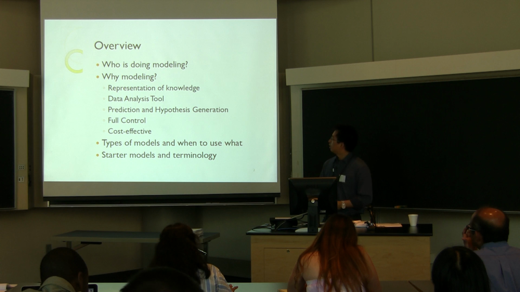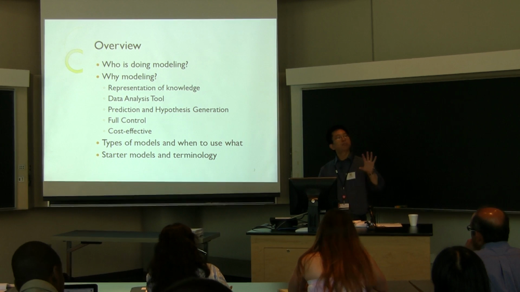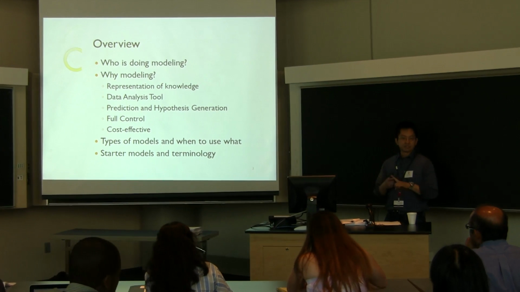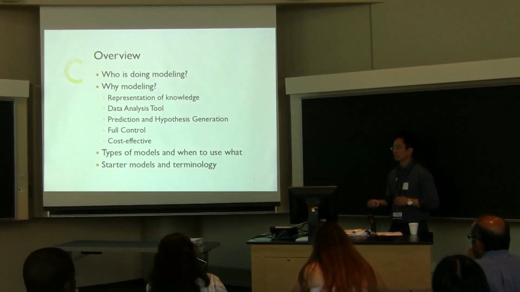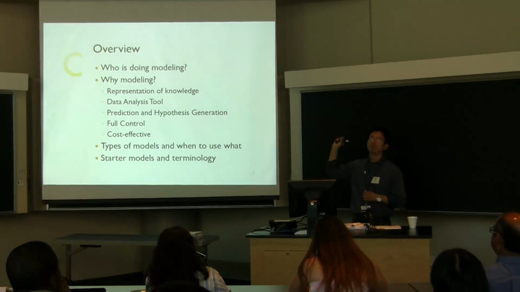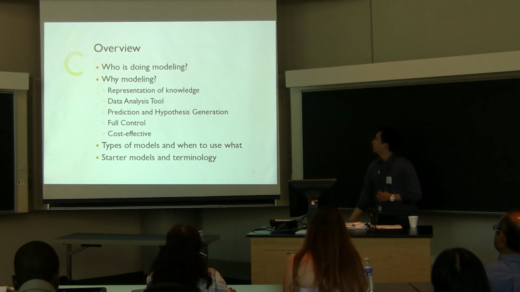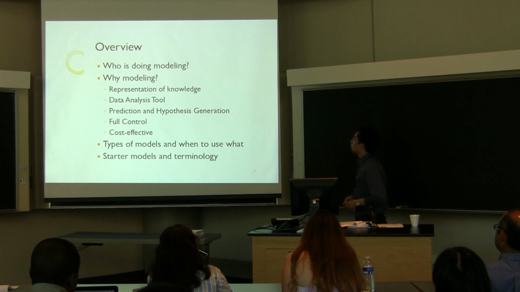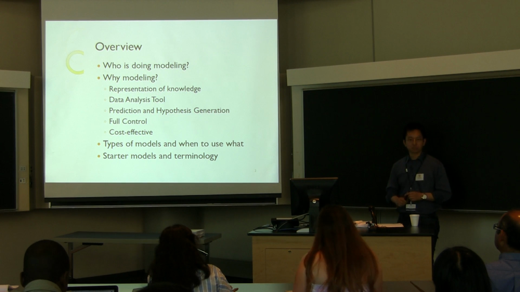So when we're doing modeling, what are the benefits we can get? First one, modeling itself is another way to represent our knowledge. I will have examples for each of the bullets later. So for now, let's just go over all the points first. Second one, you can use it as a data analysis tool.